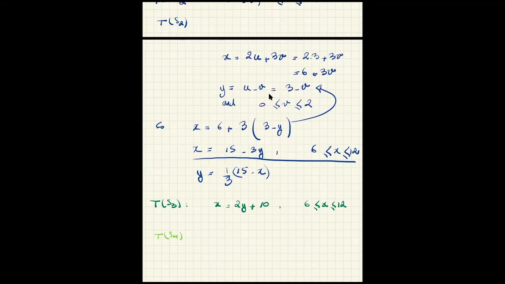And then for S4, you're supposed to get x is equal to 2y. Okay, I'm confused here. Something bad happens. Not the same thing.